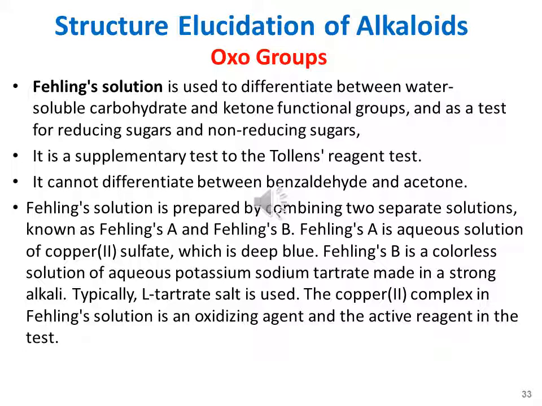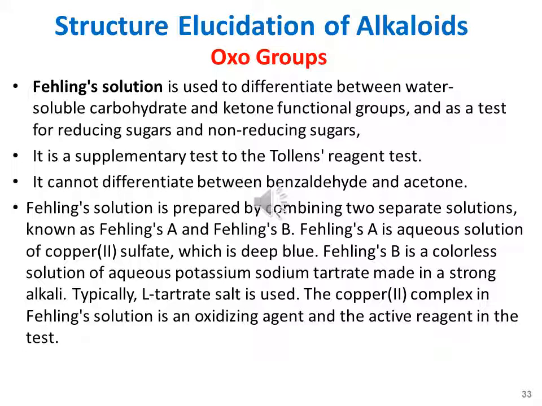For the preparation of Fehling's solution B, the alkaline sodium potassium tartrate solution, you have to dissolve 125 grams of potassium hydroxide and 173 grams of sodium potassium tartrate, also called the Rochelle salt, in 400 ml of distilled water and make the final volume 500 ml with distilled water.